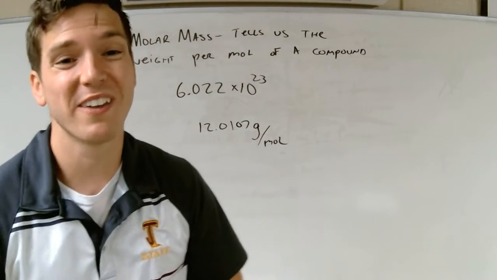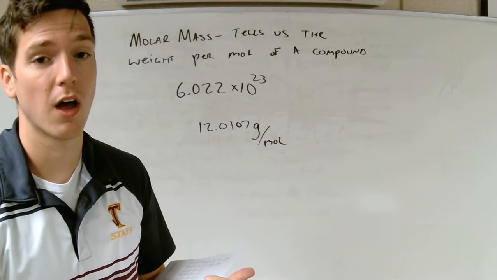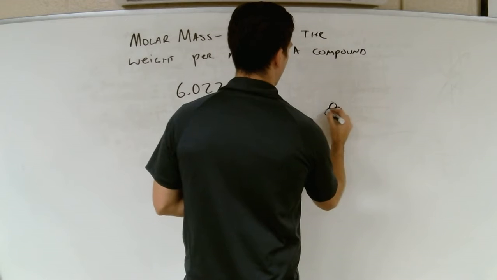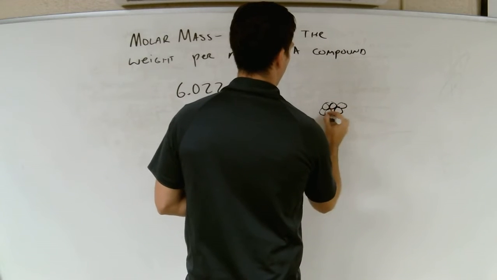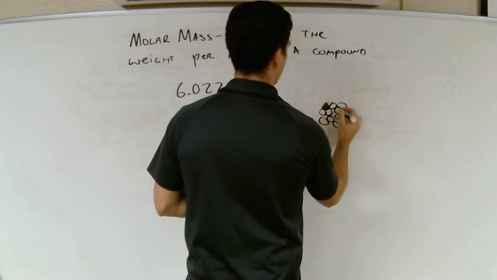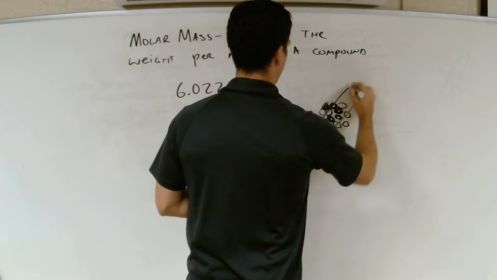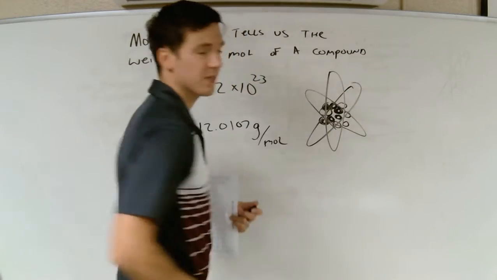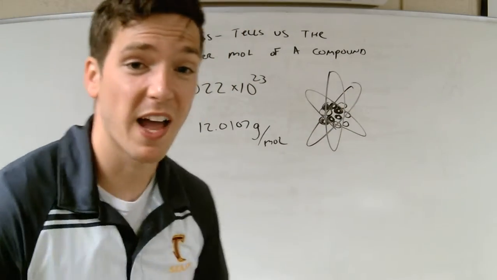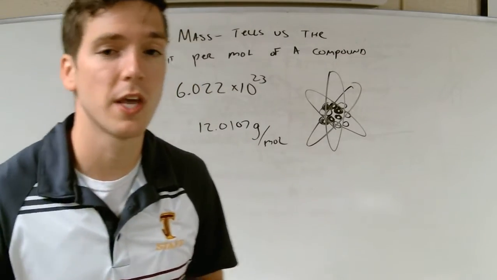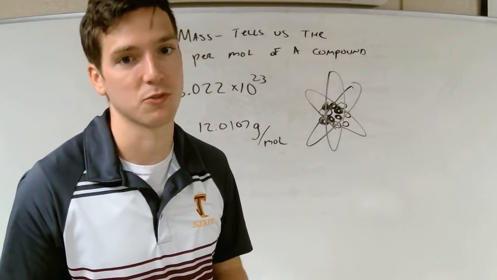Okay, so if I had a mole's worth of carbon atoms, so a carbon atom looks something like this. Okay, so that's a carbon atom. If I had 6.022 times 10 to the 23rd of those carbon atoms, it would weigh 12.0107 grams.